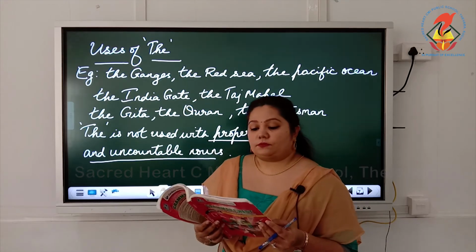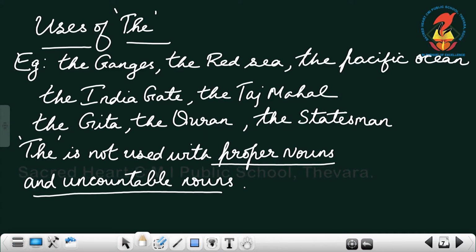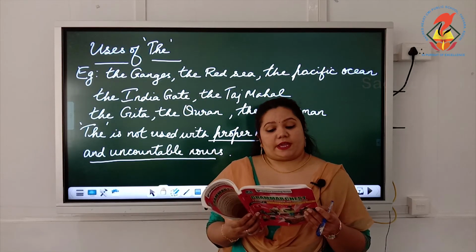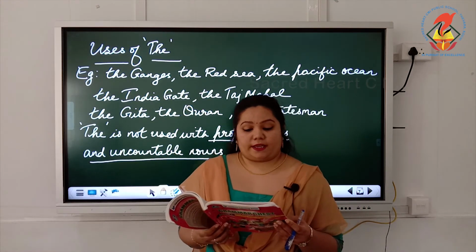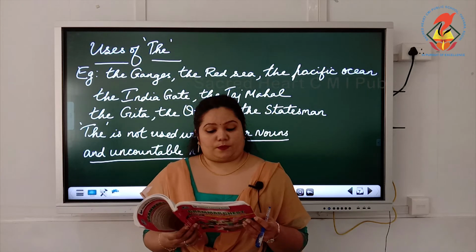For example, the Ganges, the Red Sea, the Pacific Ocean, the Himalayas. Then for names of well-known buildings, the India Gate, the Taj Mahal. For names of holy books and newspapers, examples, the Gita, the Quran, the Statesman. The names of trains, ships, aeroplanes, example, the Rajdhani Express, the Orient Express.